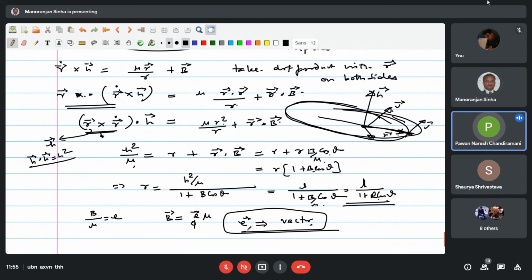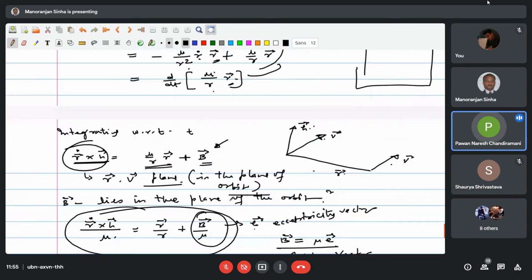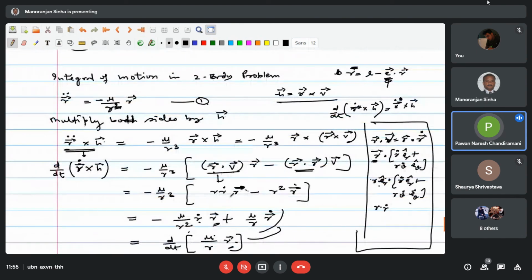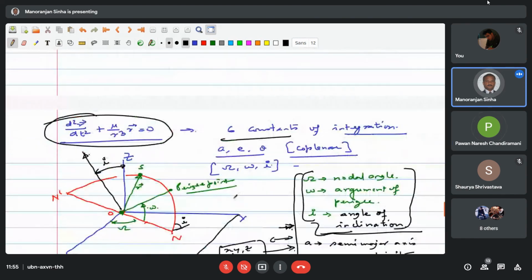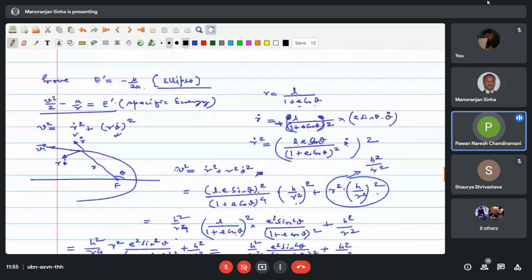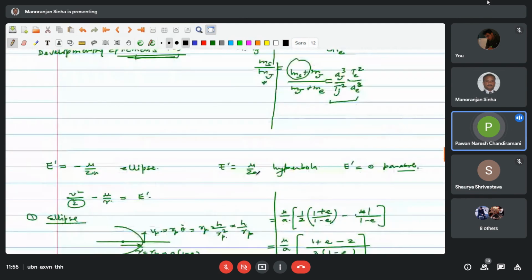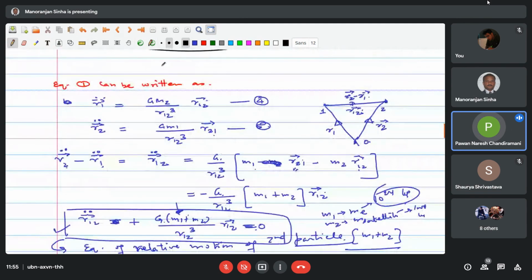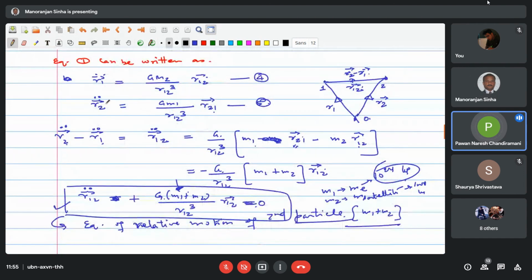Sir, I have two questions. When we derived for the two-body problem in terms of R12, we got that it's a central force motion. Sir, when we just started the two-body problem, we derived R12. This one, the one in the box. This is the relative equation of motion.